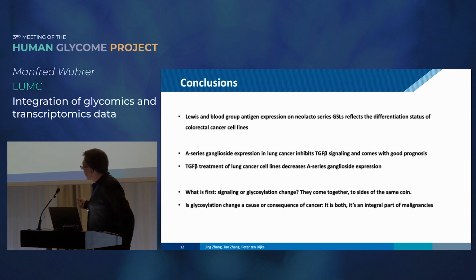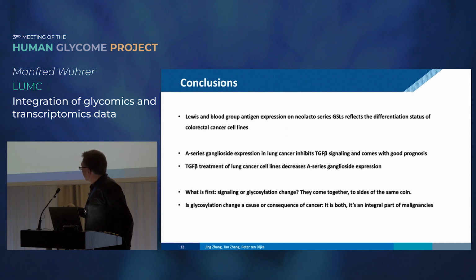And what I want to stress here is, for me, this was kind of an eye-opener. What comes first? Is it the signaling or is it the glycosylation change? What we see is TGF-beta signaling leads to a change in glycosylation, but also a change in glycosylation again affects TGF-beta signaling. So in the end, I think it's not going to be possible to say what comes first. These things come hand in hand, and they mutually support each other.